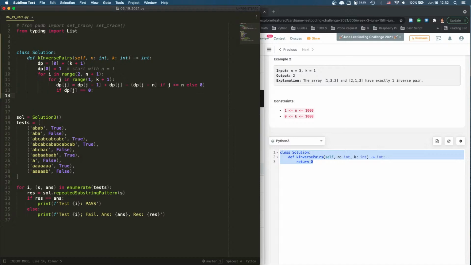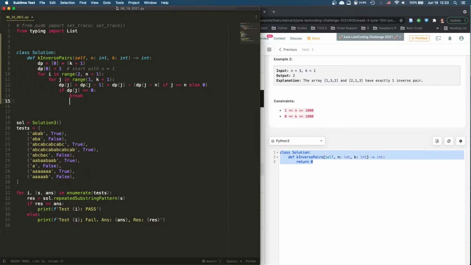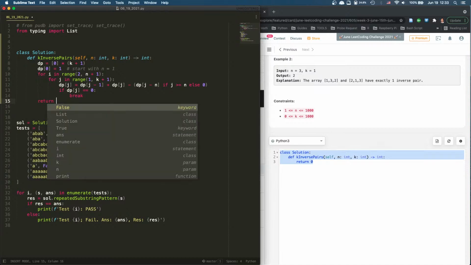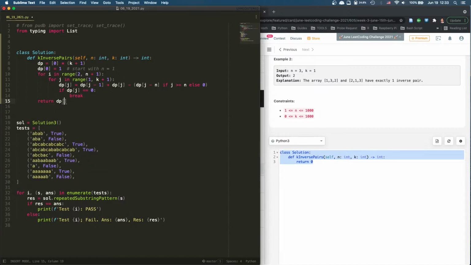That just means there's no point going on. So we already had 0 with no point going on. Then we go to the next n, until we finish all the n, and we're going to return dp[k].